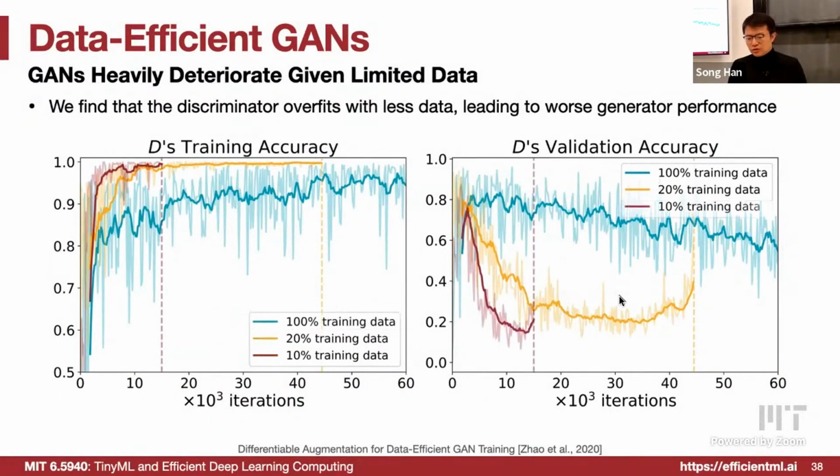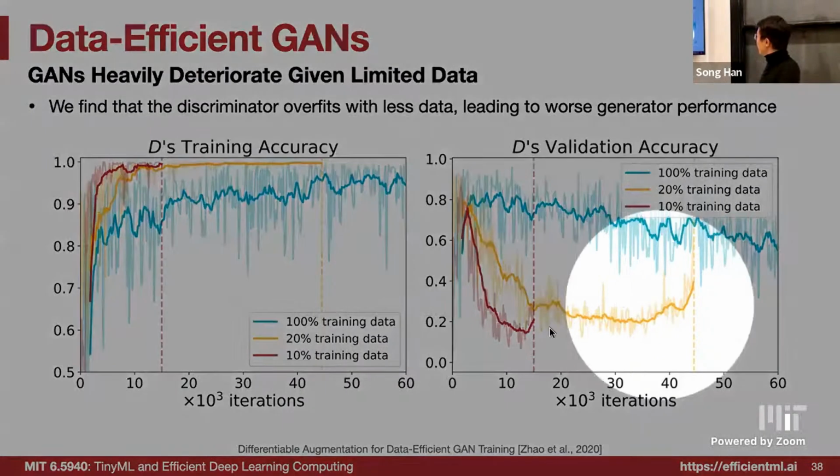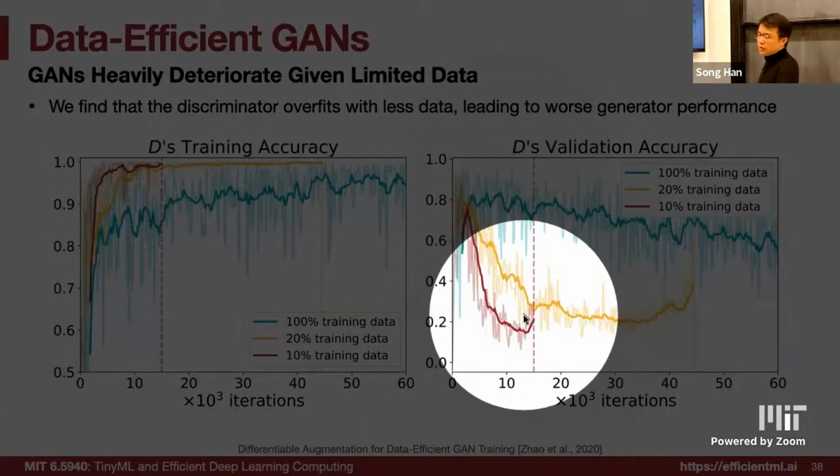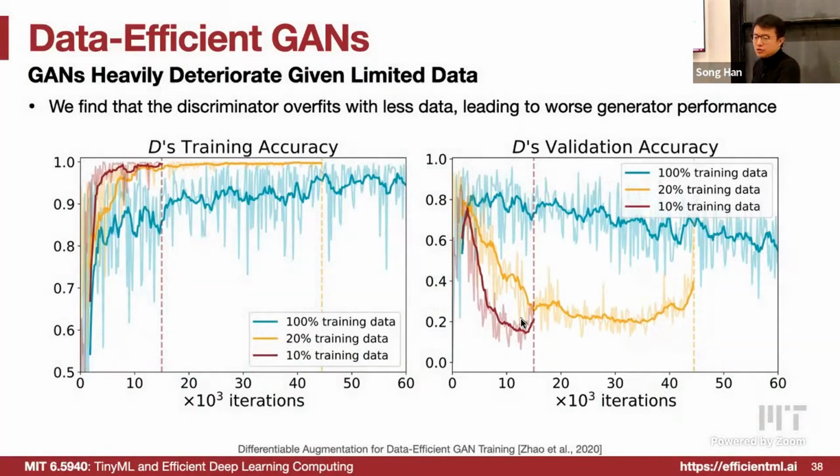Not to mention if we go to only 10% of training data, here the validation accuracy is even lower, okay? Very low validation accuracy, showing that the discriminator will overfit the small amount of training data, leading to worse generator performance because the discriminator is very poor. The generator cannot work well since they are tightly coupled.